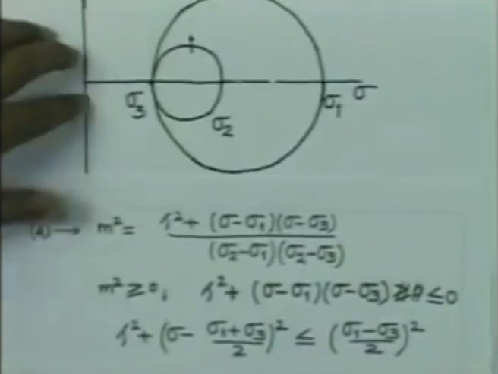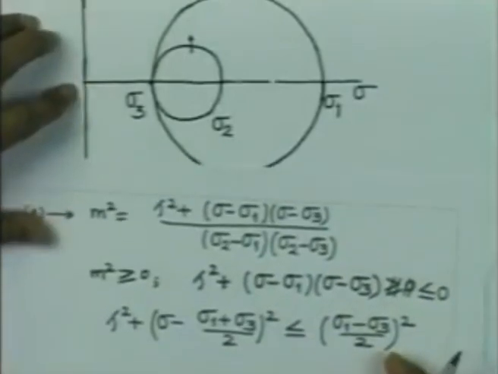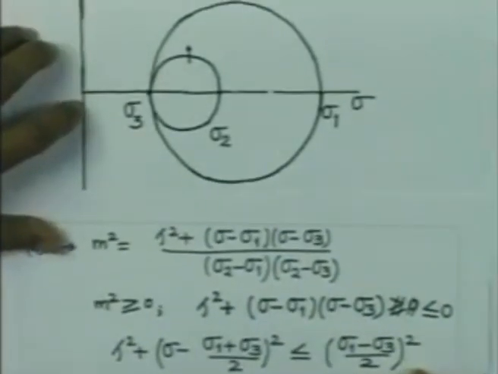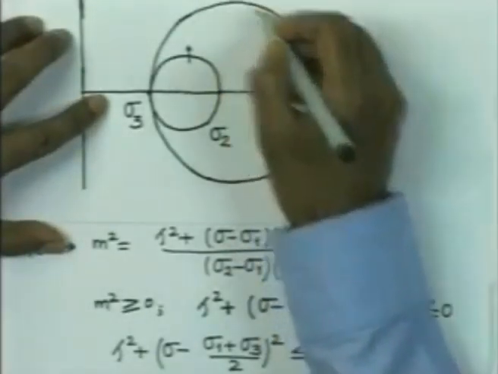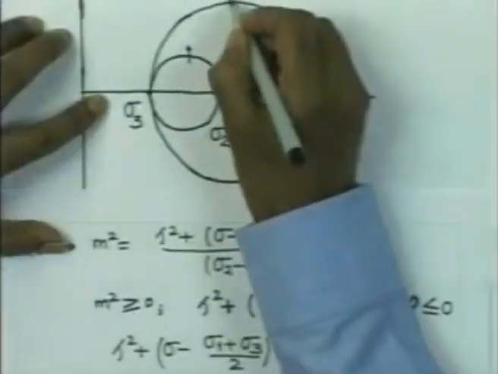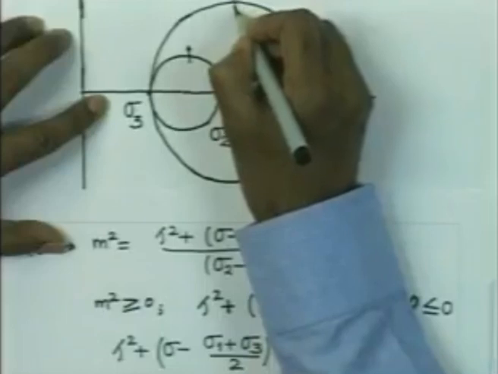This indicates that all these combinations of stresses are going to lie on this circle whose center is here and radius is this, on this circle or within the circle.